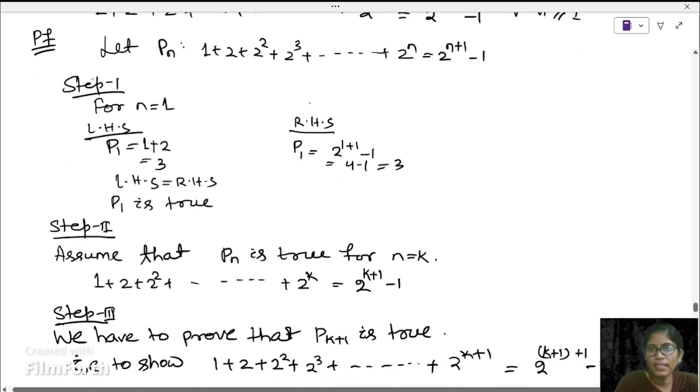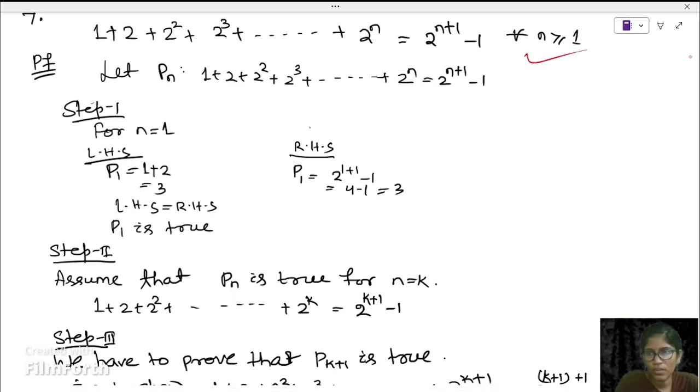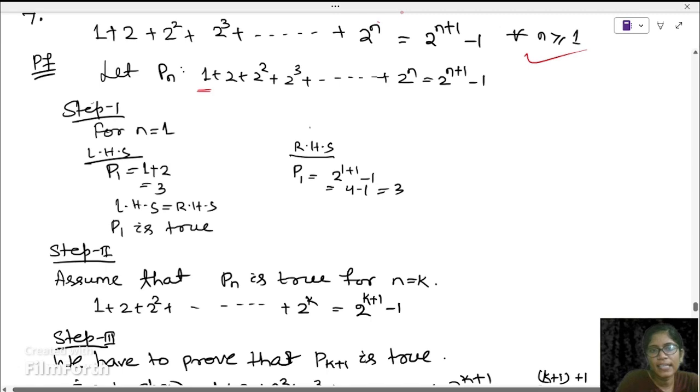is equal to 2 to the power n plus 1 minus 1. That means here the general term is 2 to the power n. The first term is constant, second 2 to the power 1, next 2 square, next 2 cube, plus up to this.